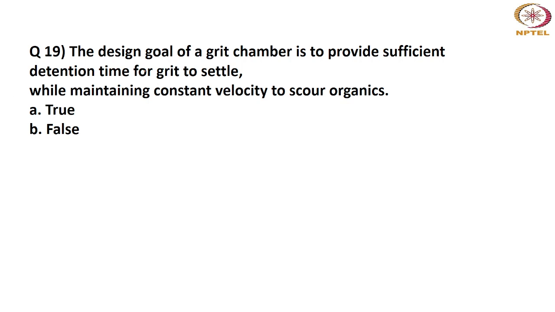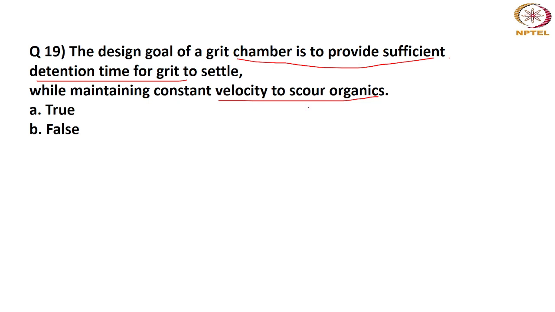So that is true. The design goal of the grit chamber is to provide sufficient detention time to settle the grit, as well as you should scour the organics. If organics are going to settle inside the grit chamber, it will be a different chamber, not a grit chamber, right?